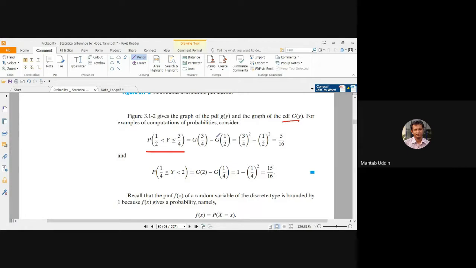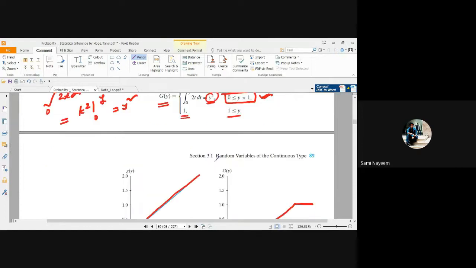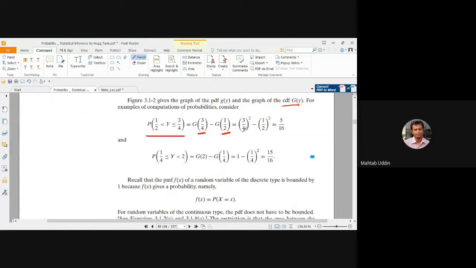So we can write CDF of 3/4 minus CDF of half. 3/4 and half both lie in this section, so the function is y square. So 3/4 whole square minus half square.